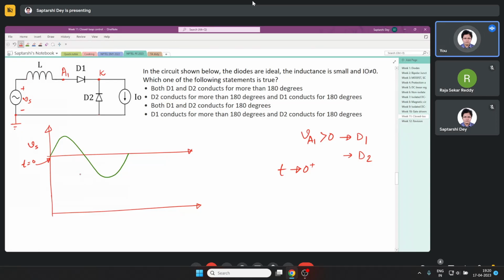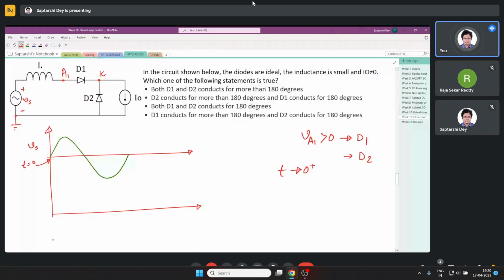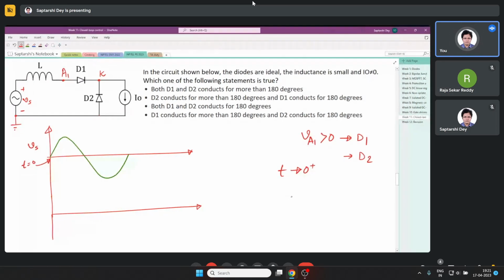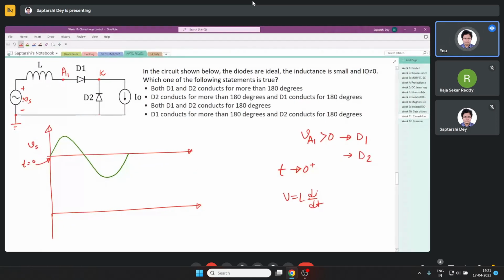We have to justify all our assumptions later. Then the inductor acts like a short circuit, V equals L di dt, no current. So whatever the source voltage is, that much is VA1. So D1 starts conducting. If D1 starts conducting, D2 must stop conducting.